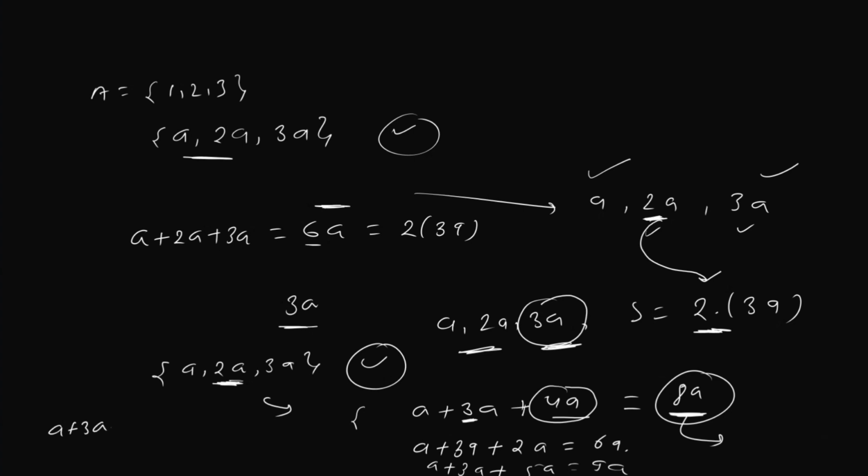a plus 3a plus 9a, that is 27. For 27, we could have 12a, but we are not going to get 8 in this.